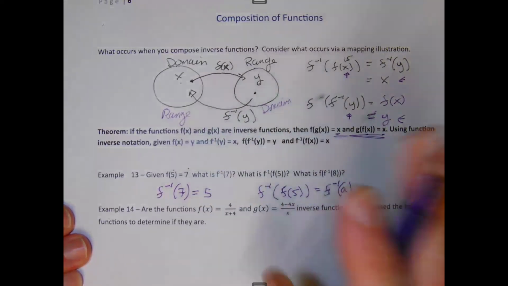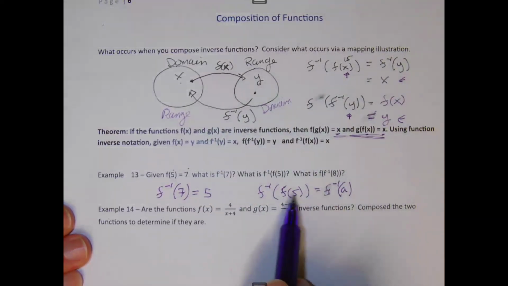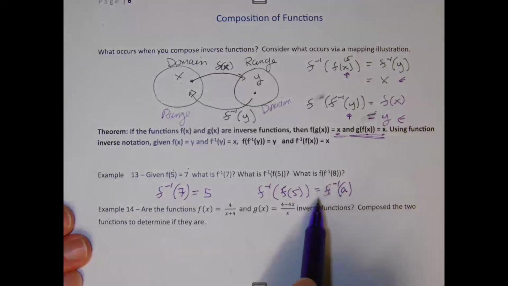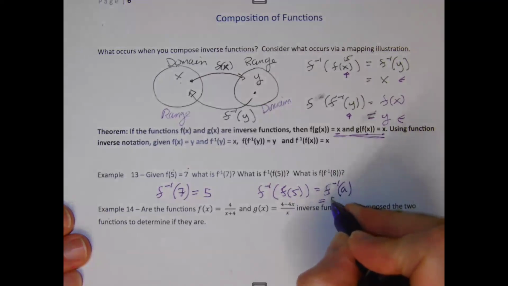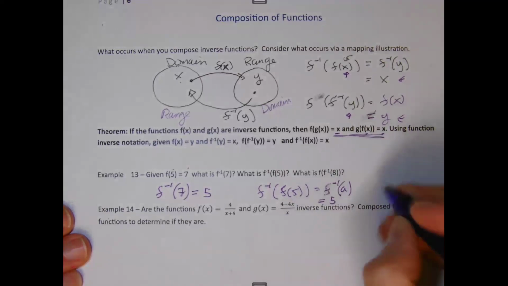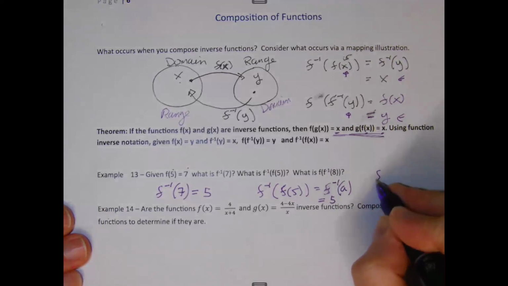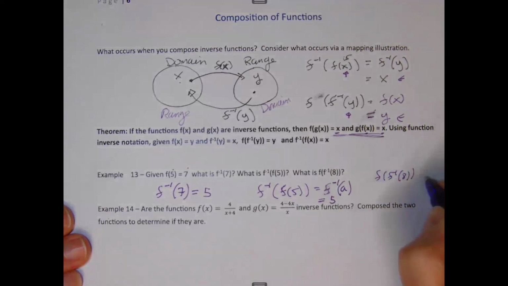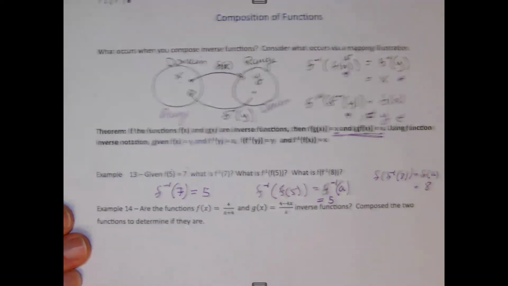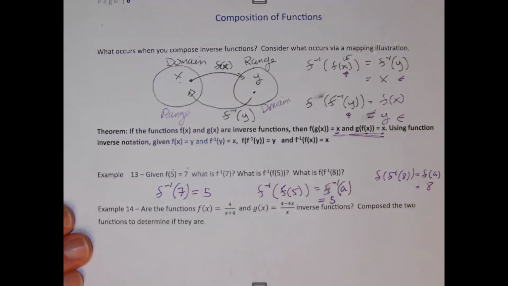F of 5 takes me, let's say, to 8. So what does F inverse take me to? Well, F inverse takes me back to 5 again. And even if I compose it the other way, what is F of F inverse of 8? Again, just to illustrate a journey, F inverse of 8 takes me somewhere. And now where does F go? It should take you right back to where you came from. So it goes through 8.